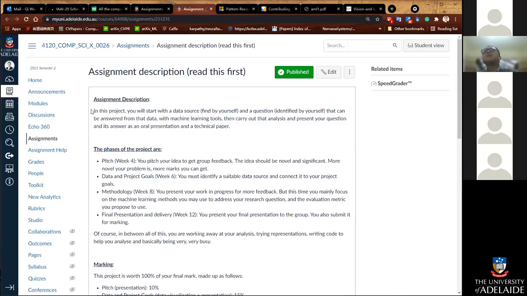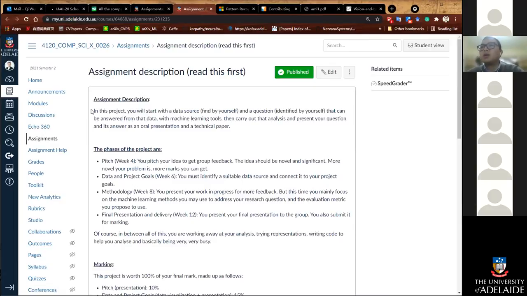Basically, that's the process: find the data or question, find a machine learning algorithm to solve that problem, then turn it into a presentation and a technical paper and show us, and we will mark based on that.